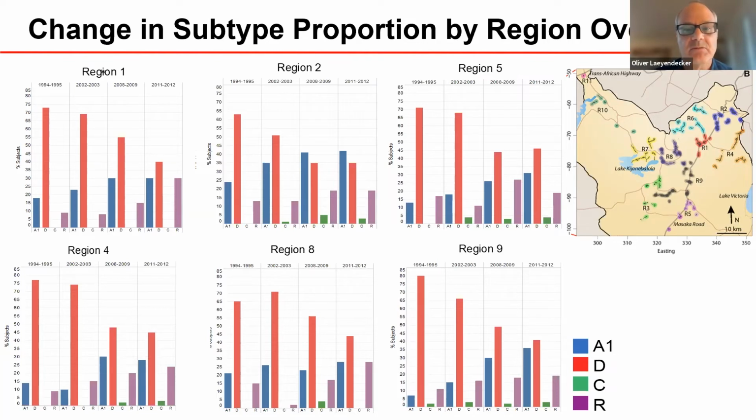The increase in the blue lines would be the increase in the proportion of subtype A. And then you also see a fairly steady increase in the purple bars, which would be the recombinant viruses. What's also key here is that we have seen subtype C, but it really is not taking off.